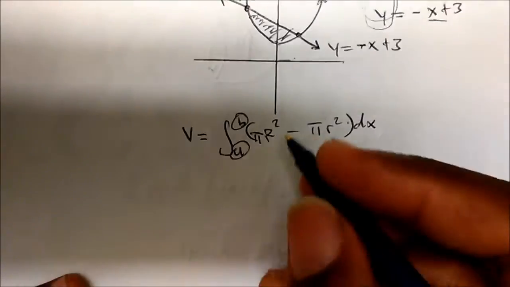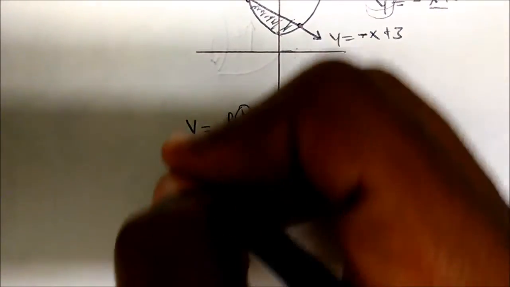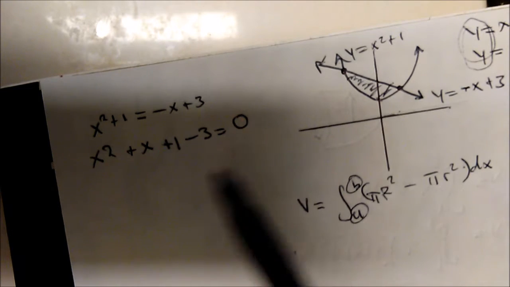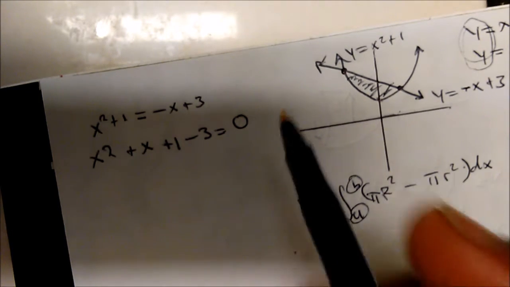All right, so let's do it on the side. If I set x squared plus 1 is equal to negative x plus 3, well, x squared plus x plus 1 minus 3 is equal to 0. All I did was move all my terms over to the left side of the equation.